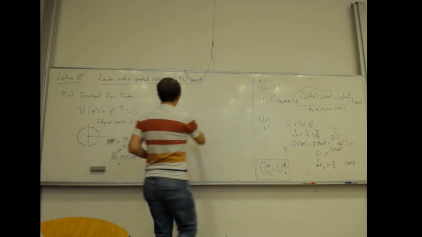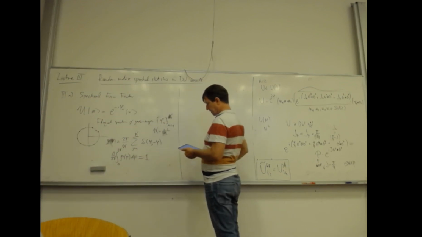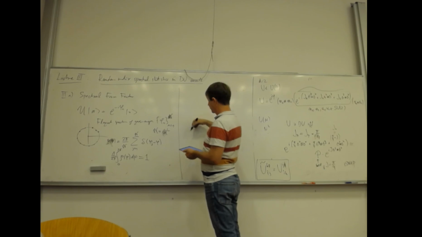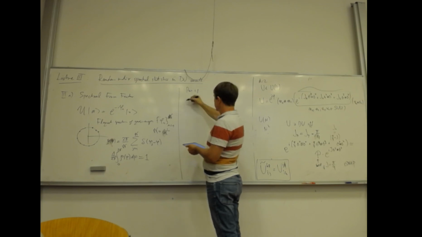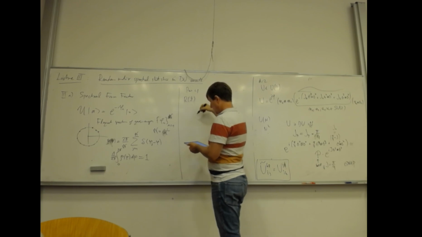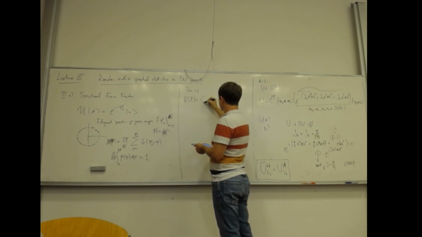But then what you really want is some measure of correlations between eigenvalues, and for that you can introduce a pair correlation function. I will do this very quickly because we have heard of the spectral form factor before, but I'm doing it for completeness.